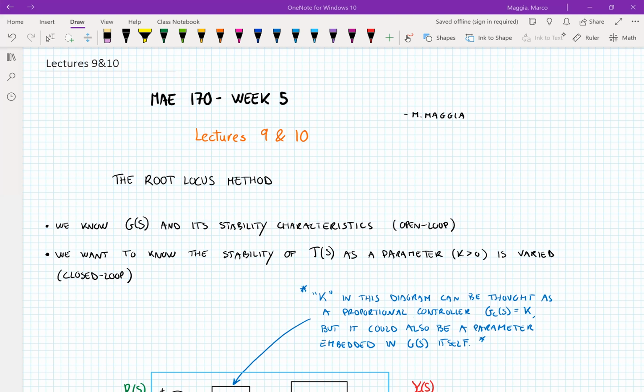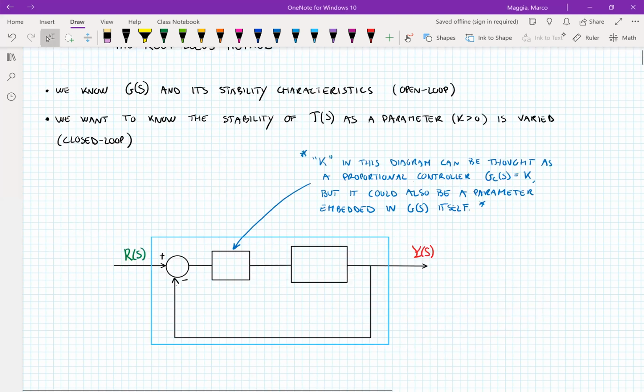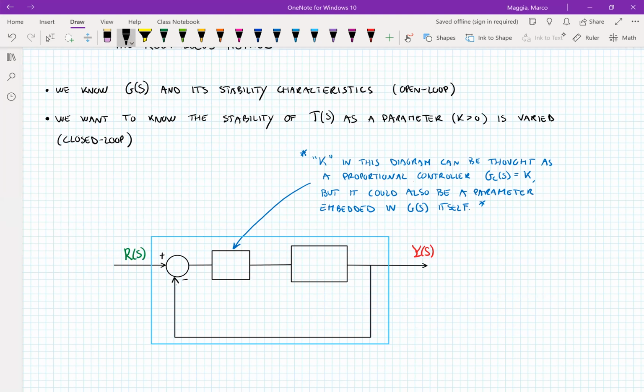And in the last example, the semi-series design example, we had an open loop transfer function. That is, we had a plant whose transfer function we can call G of s. And then what we wanted to do is to close the loop, adding also a proportional controller.